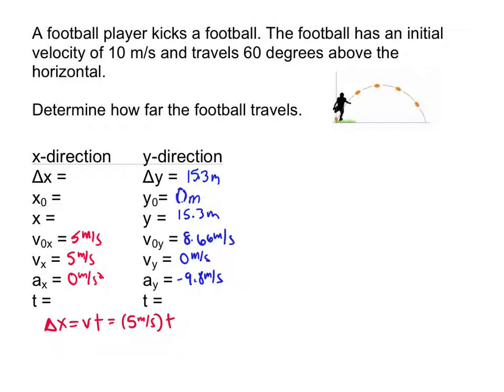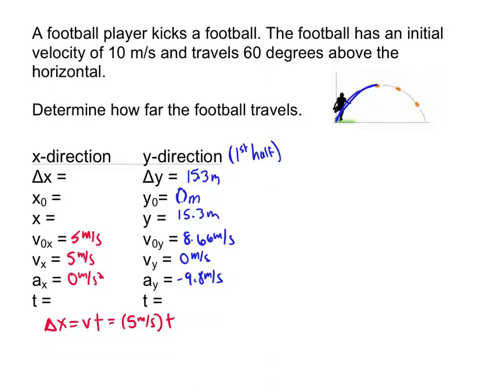So the only thing that we can do is go back to the y direction and work there to find some clues about the time. So what we can do is determine the time it takes to get to the top. So again, we'll be using this for the first half of the trajectory.